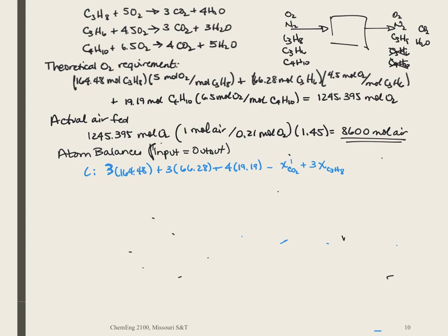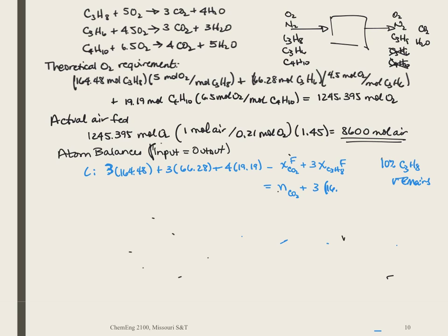Now they told me how much is going to come out of the C3H8. Okay, I'm going to rewrite that so that it's the number of moles of CO2 coming out. And this is going to be 3 times the amount of C3H8 that came out. But remember they said that 90% is consumed, so 10% C3H8 remains in the flue gas. So initially I had 164 moles. Now I'm going to have 10% of that.